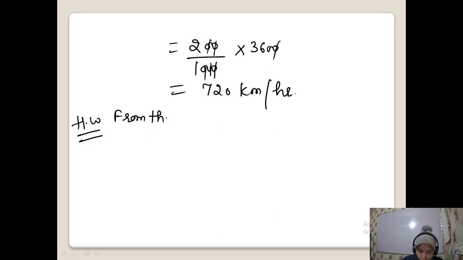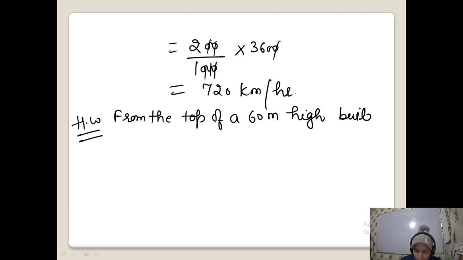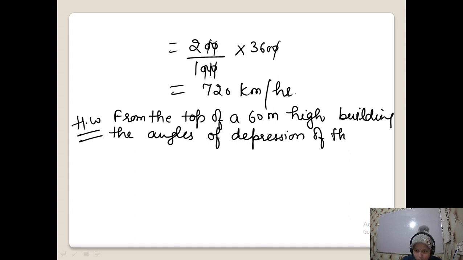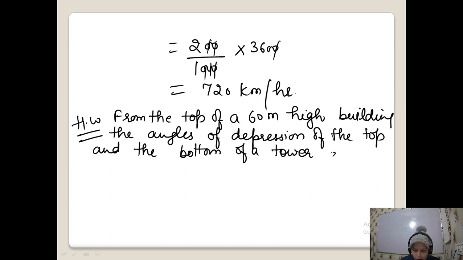From the top of a 60-meter high building, the angles of depression of the top and the bottom of a tower are 45 degree and 60 degree respectively.